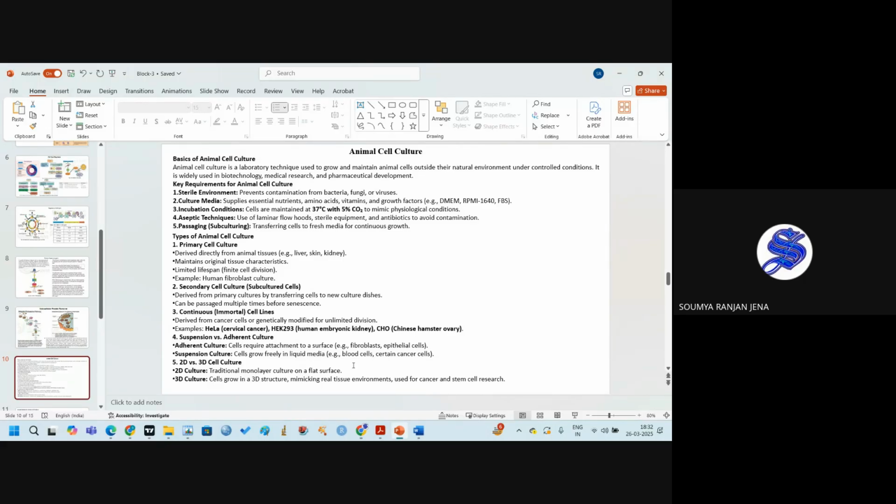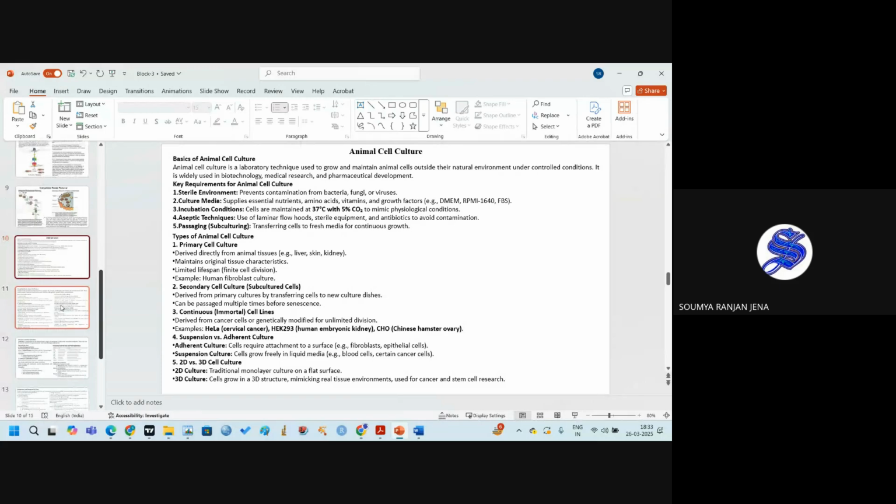Monolayer means single layer. If another layer occurs above the monolayer, then it will go for the 3D culture and it will produce a tissue-like manner. So, this is called 3D cell culture, and this is the basic of animal cell culture.